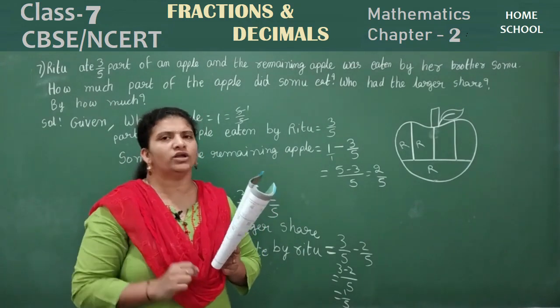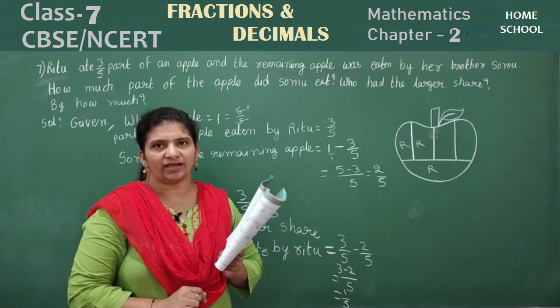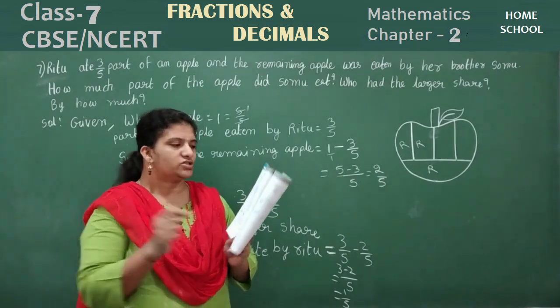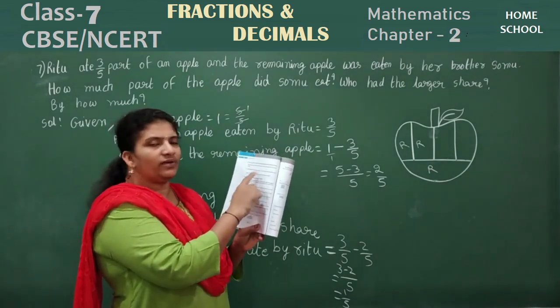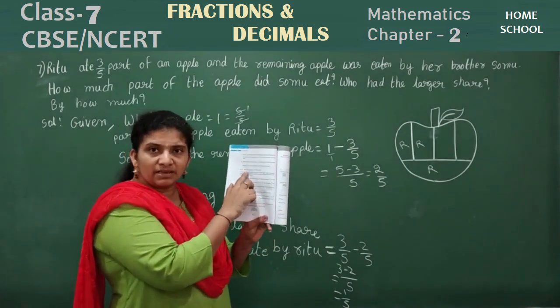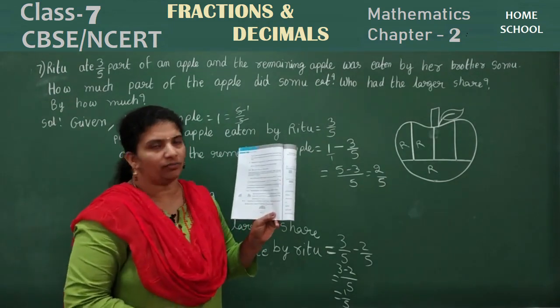So first thing what you need to do, both convert into equivalent fractions. How do you convert? Convert the denominator. So here 7 by 12, okay. 4 and 12, what is the LCM? 12, children. So for this 3 by 4 fraction, multiply 3 for numerator and denominator.